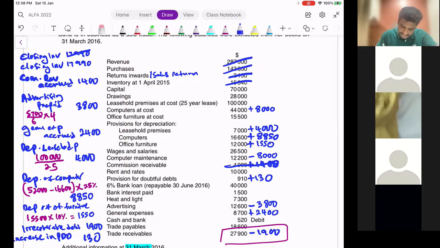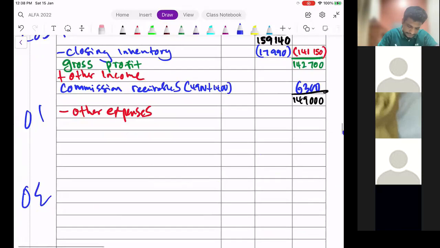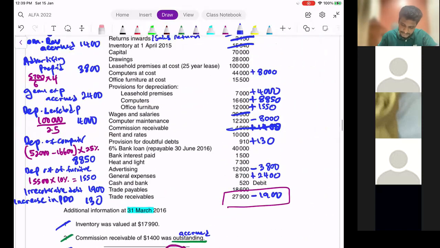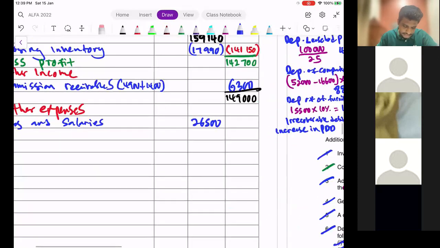Yes, I can see wages and salary. The wages and salary is 26,500. After that, you have computer maintenance. Computer maintenance has a calculation, you need to show the calculation.